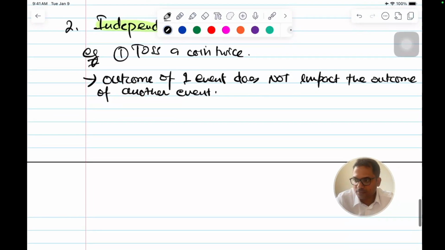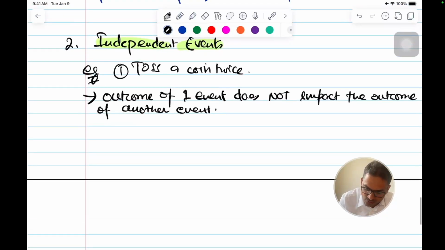Similarly, what will be the probability of A and B?